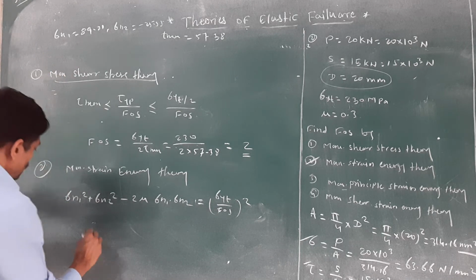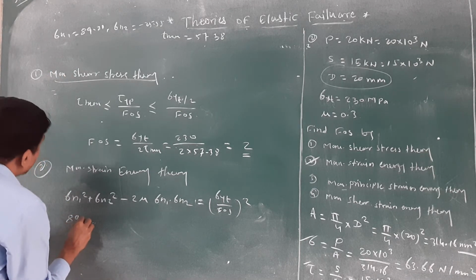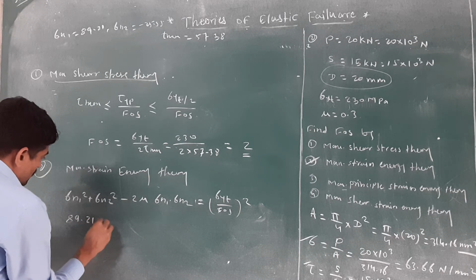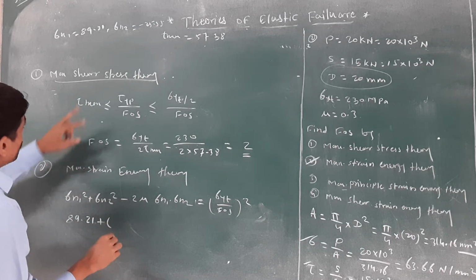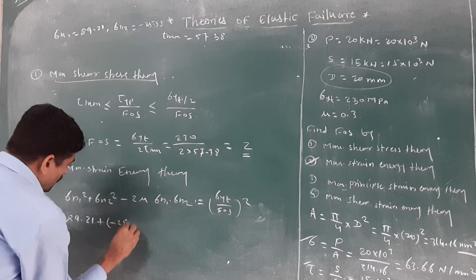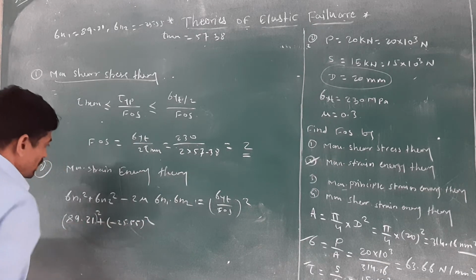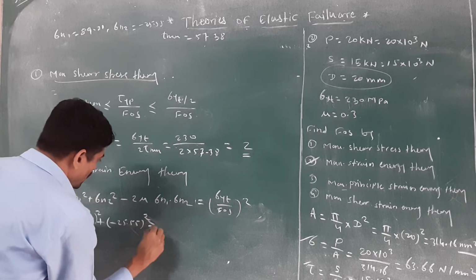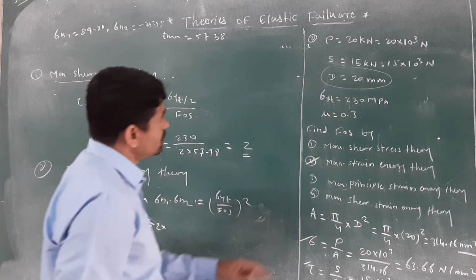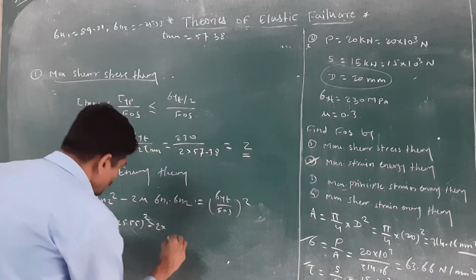What is the sigma N1? 89.21 square plus, here again we have the minus value, 25.55 square, then again this one square, minus 2 mu. What is the Poisson's ratio value? 0.3.